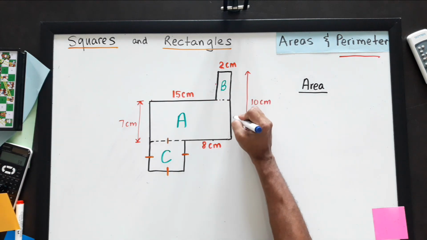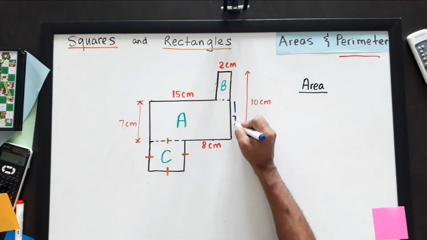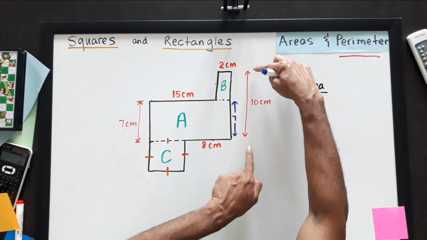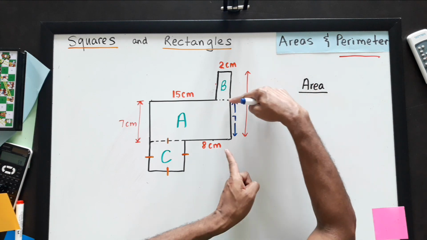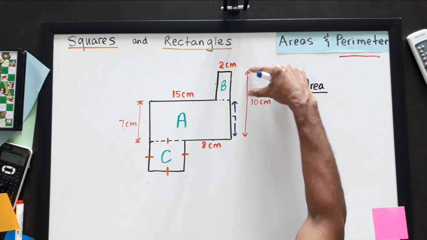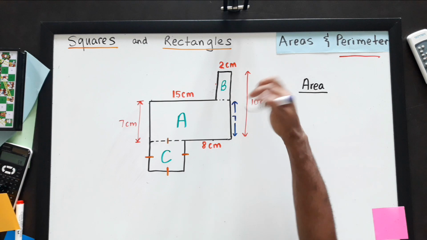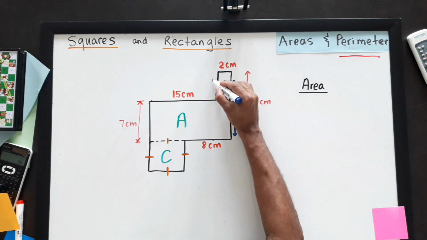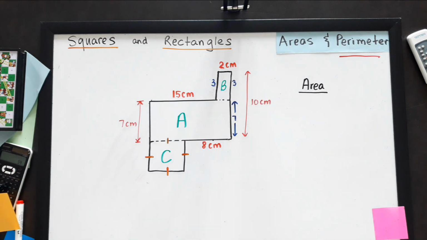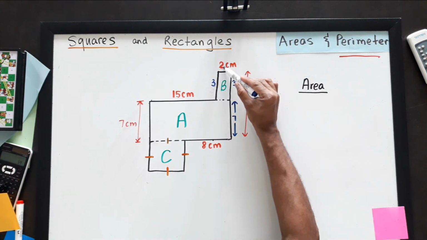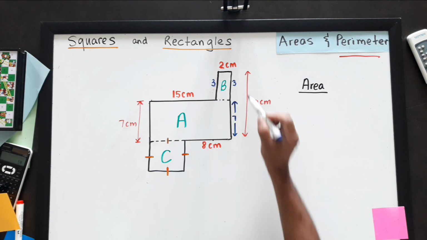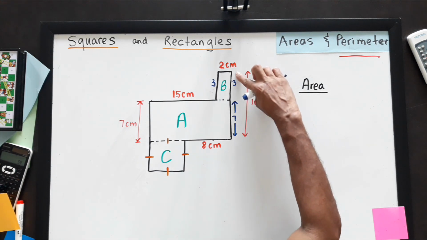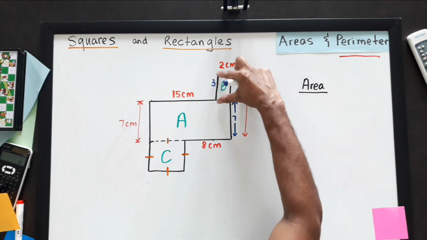So that means from here to here alone is 7. Which means if this whole thing is 10 and here is 7, then over here has to be 3 because 3 plus 7 will be 10. So if here is 3, then the opposite side will also be 3. And of course, if here is 2, the opposite side here will be 2, this dashed line. But that's really not necessary. So I'm just going to erase this 3 because here and here is the same length.